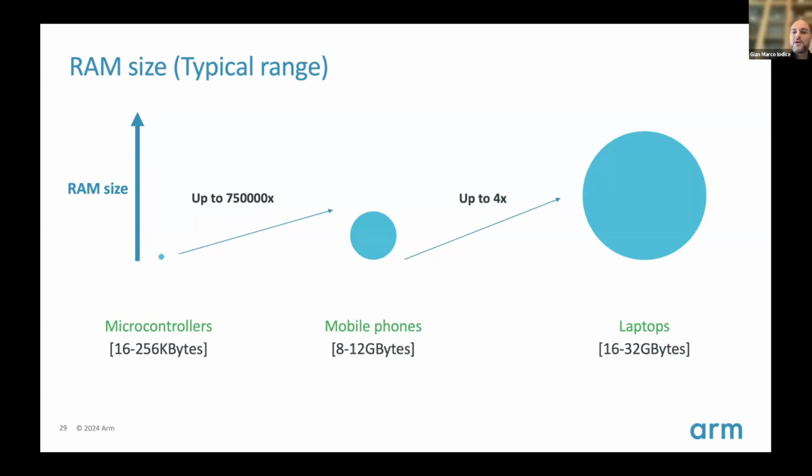If you compare microcontrollers with mobile phones, you can see there is a gigantic gap between these two devices. You have a very, very small RAM available for running ML applications. The gap is smaller between mobile phones and laptops. In some cases, they use very similar technologies. But microcontrollers are the tiniest, or well, there are also other devices, certainly, but the gap is quite big.